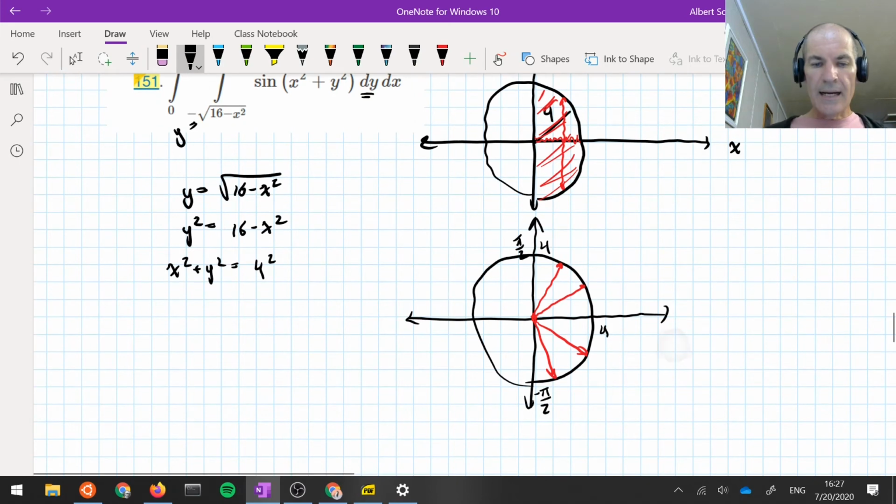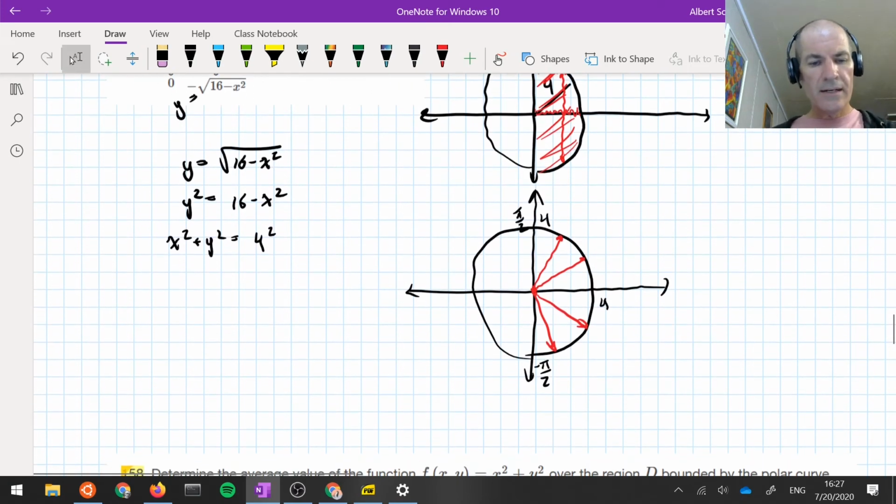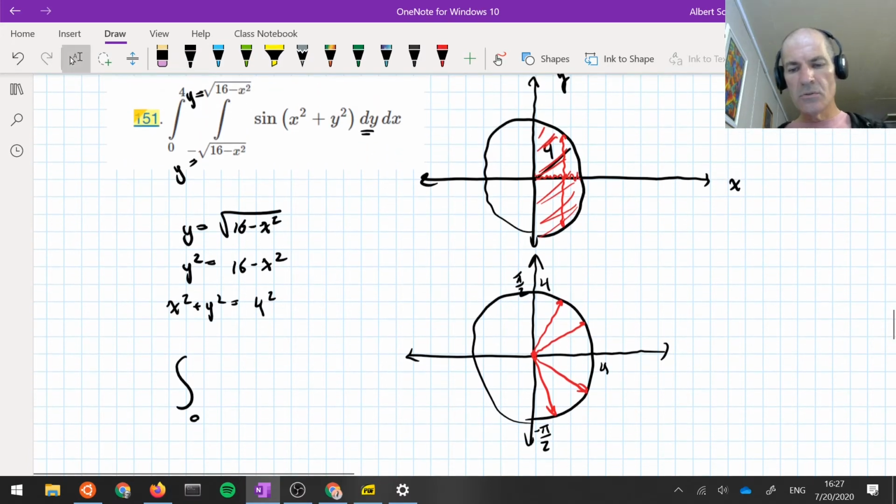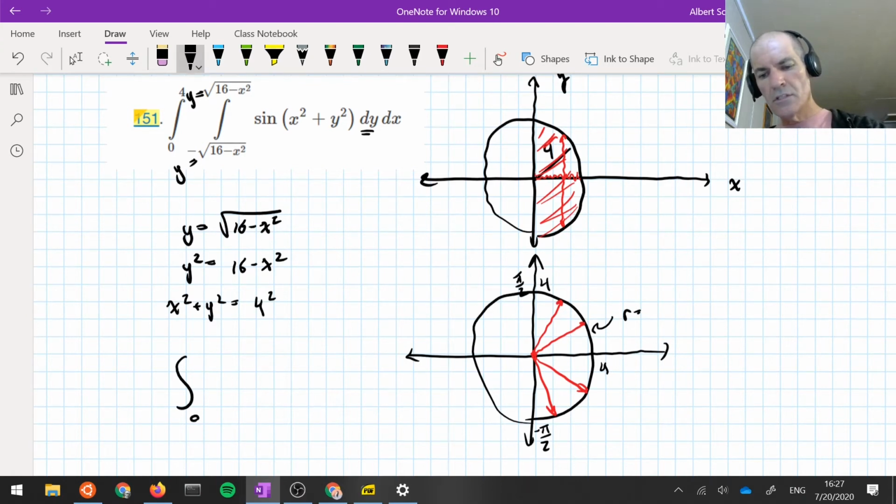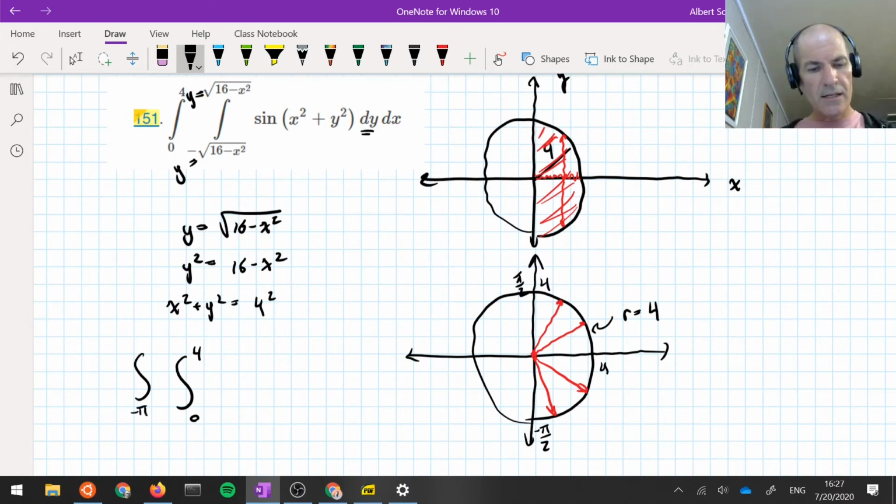So I kind of have things under control now. The polar integral, r is always starting at the origin and it's going out to this curve. What is this curve right here? This is r equals 4. It's just the curve r equals 4. All right, and the theta limits go from minus pi over 2 up to pi over 2.